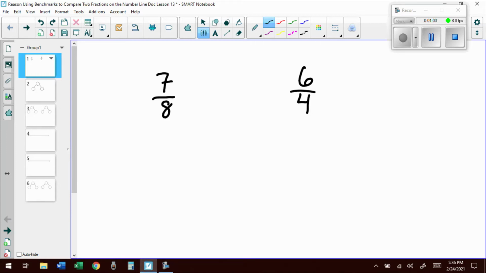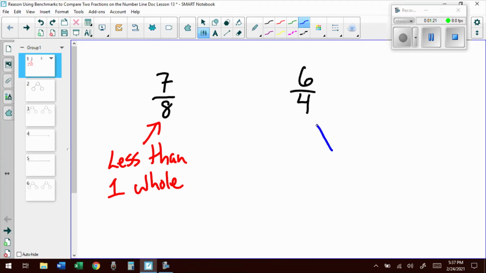When I look at them, I see that 7/8 is less than one whole, and I see that 6/4 is greater than one whole.